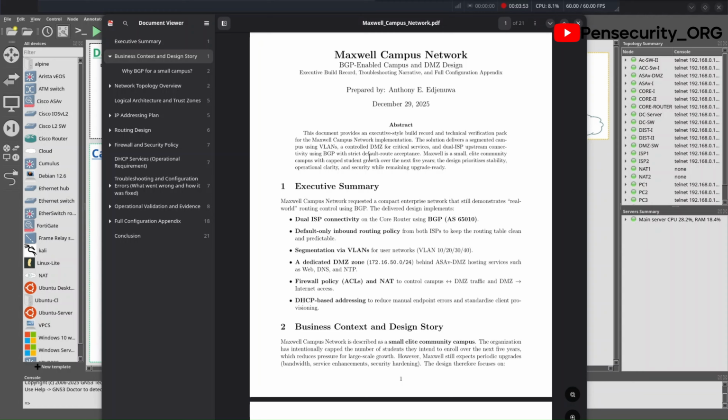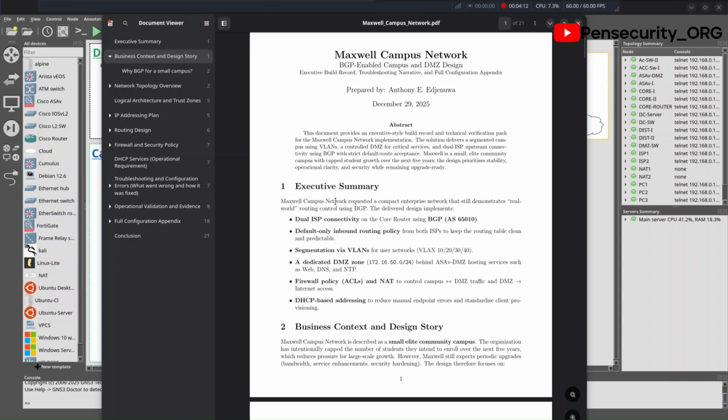Maxwell is a small elite community campus with capped student growth over the next 5 years. The design prioritizes stability, operational clarity, and security, while remaining upgrade ready.